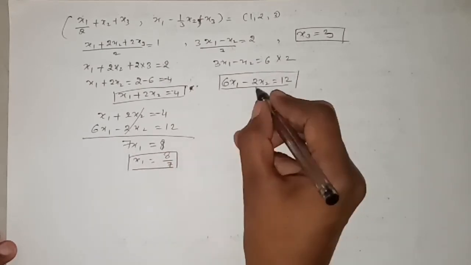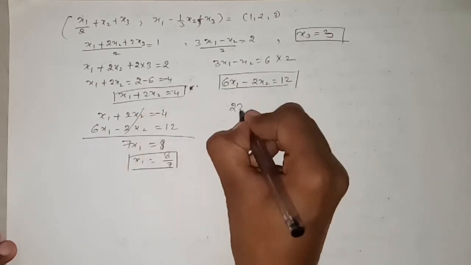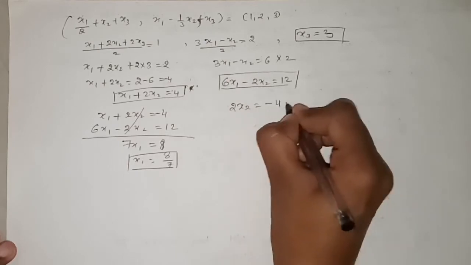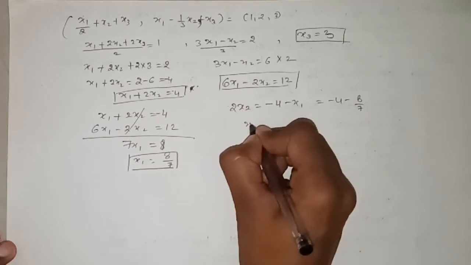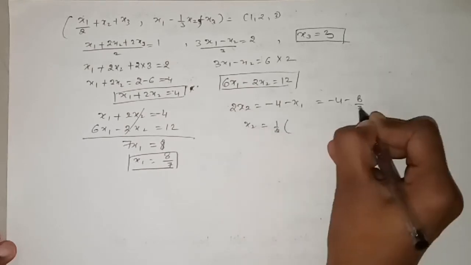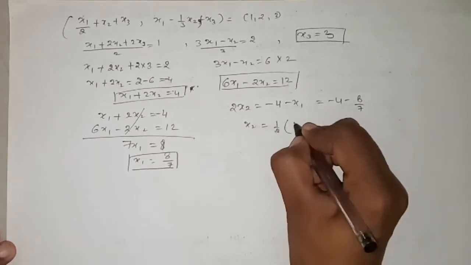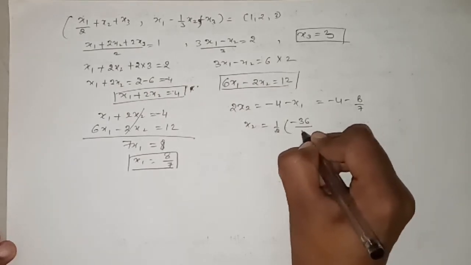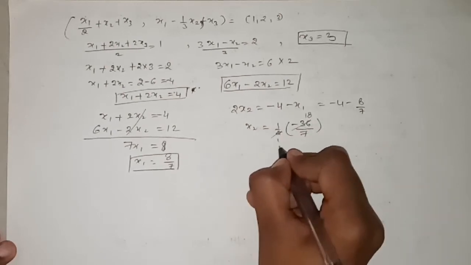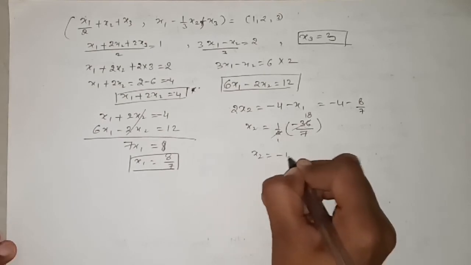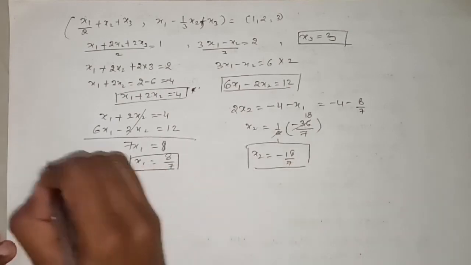Now on putting the value of x1 in this, 2x2 is equal to -4 - x1, so -4 - 8/7. So x2 is equal to 1/2 of this. 7 4s are 28, and -28 - 8 is -36, divided by 7. 2 ones are 2, 2 18s are 36. So x2 is equal to -18/7. This is our second value.